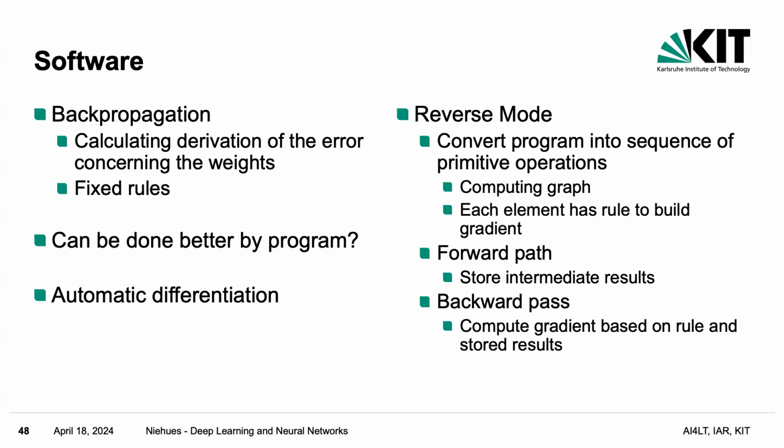If you add two elements, it's clear how you define the derivation. If you have a multiplication, it's also clear. Even for a specific activation function, it's clear how the derivation can be calculated. And then the nice thing is we have the chain rule. If we do all the operations in the graph one after the other, then the derivation is just a multiplication of the different things.